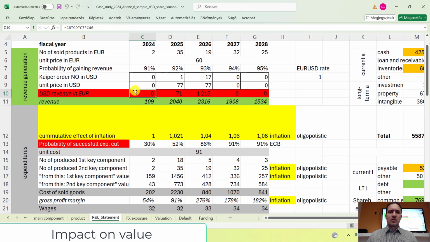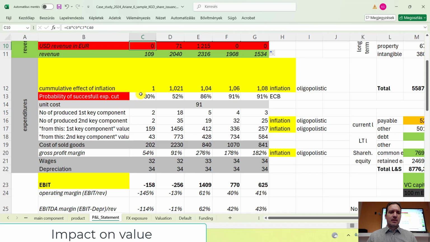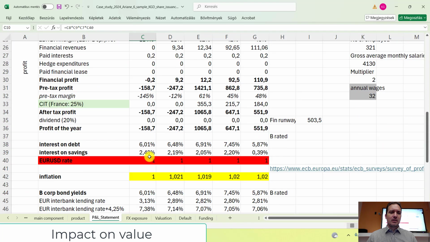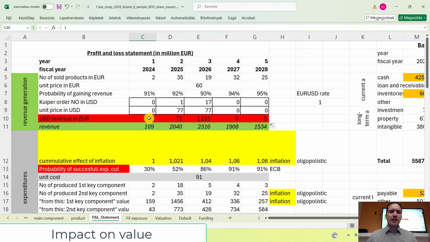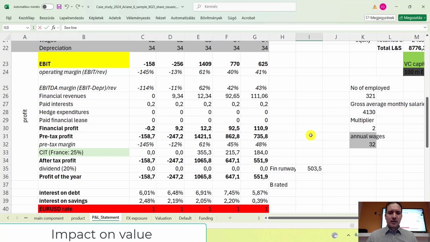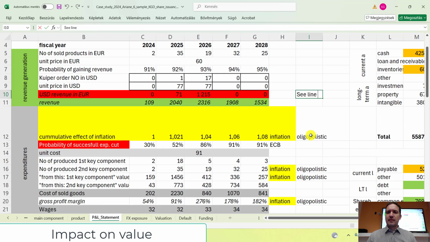The rest is defined by the column, so nothing should change when I execute. Again, I was just referring back to this Euro-USD exchange rate from this line. Updated, nothing happens, so we can delete this. So C line 40.